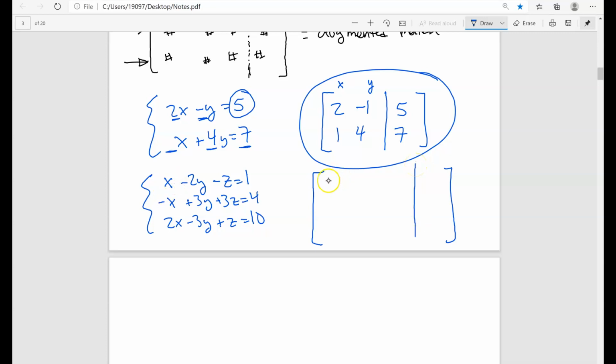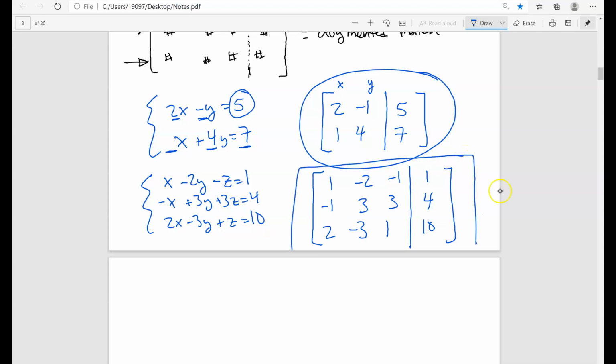It's going to be 1, then -2, then -1. We're going to write this line, and then a 1. Then the second row is going to be -1, 3, and 3. We're just looking at the coefficients, and then after that is a 4. And then the next one's going to be 2, -3, 1, and 10. So that's the augmented matrix for that system of equations.